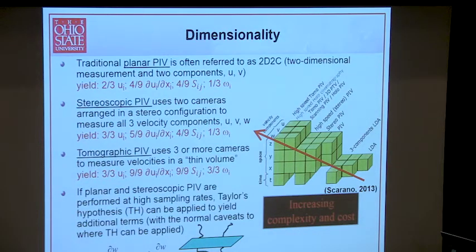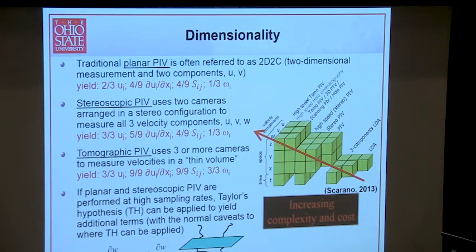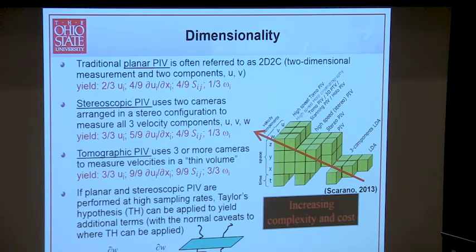Now, you can also play some other games. If planar and stereoscopic PIV are performed at high sampling rates, depending on how you orient the laser, you can actually use Taylor's hypothesis to get additional terms, with the normal caveats for Taylor's hypothesis. So you can think about this if you slice your laser such that, let's call it X, as we have X, Y, and Z into the board.